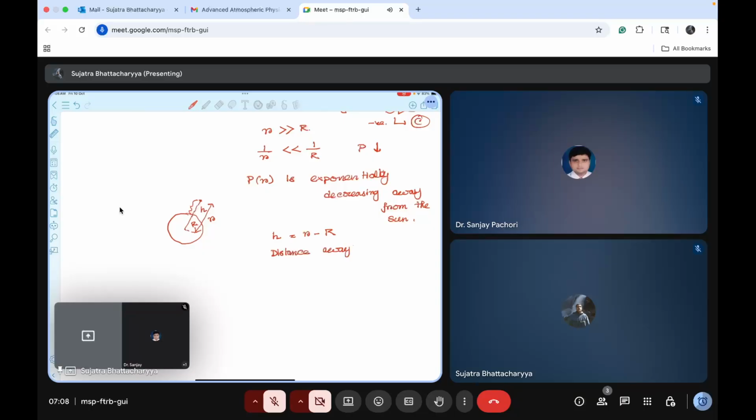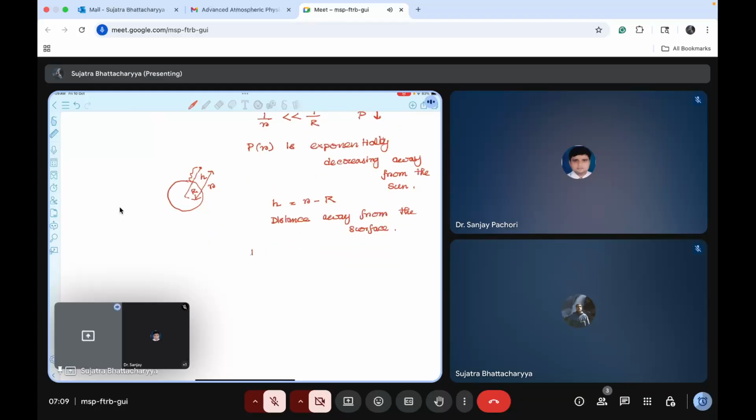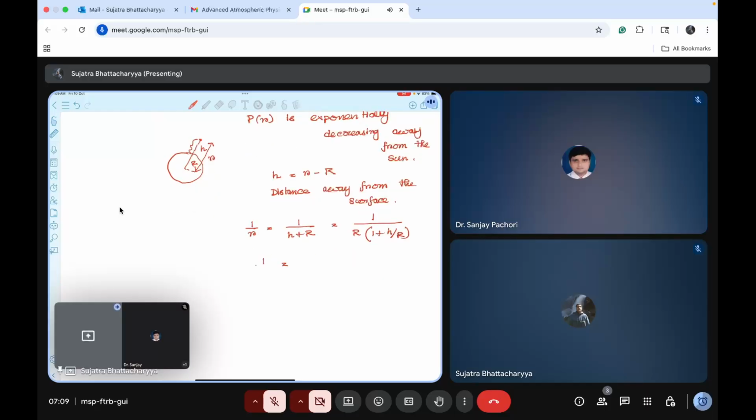So what you get here is 1 by r equal to 1 upon h plus R, where R is from the center, and R can be taken outside. This we generally do in physics, remember how gravity changes with height.